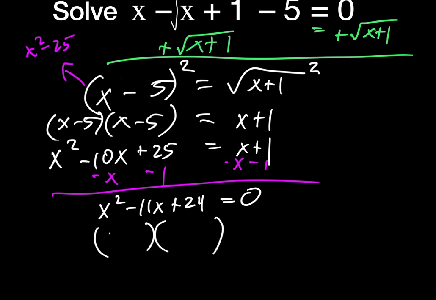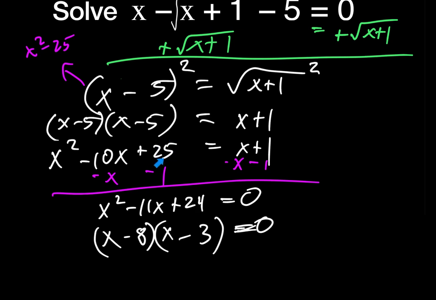Now I'm thinking, are there two numbers? Since the first coefficient is 1, then I can factor it this way. Two numbers that multiply to 24, add to negative 11. Negative 8 and negative 3. Well, 8 and 3 is 11, but since the middle term is negative, they have to both add to negative. Since the last term is positive, they're both the same signs.